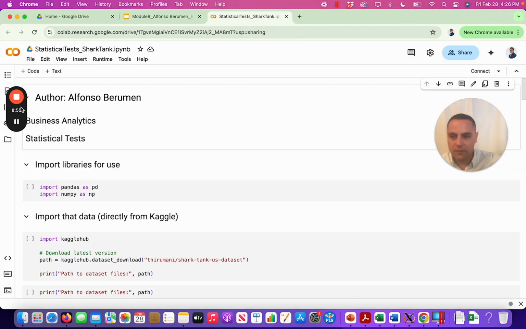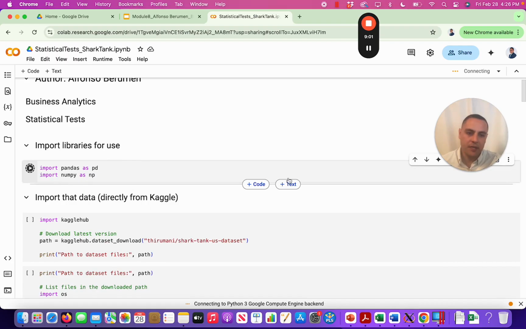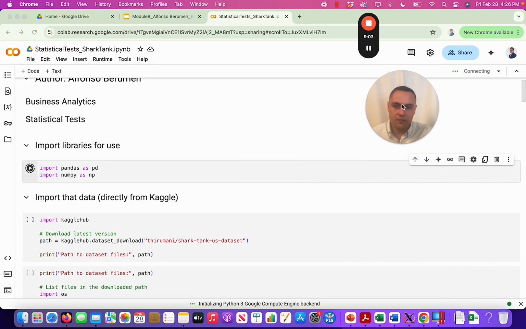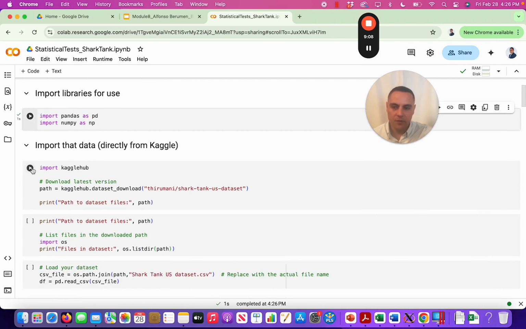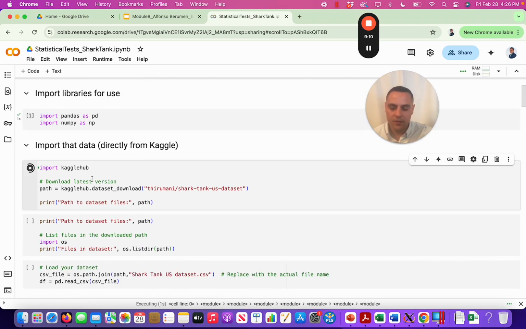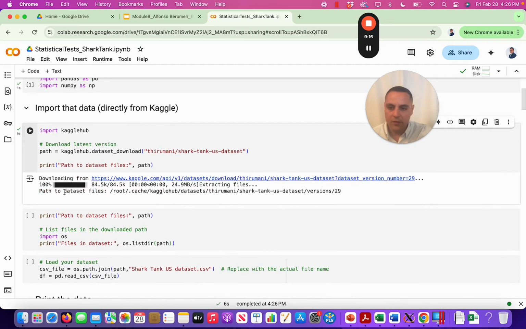So I'm going to go ahead and import some libraries that I'm going to need, and we're going to pull the data directly from Kaggle, right? So we showed that earlier in a previous module, and we'll let that load.